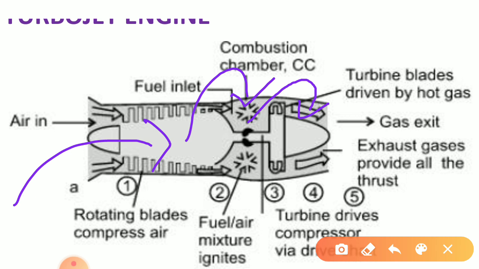Here is the rear end, from where the exhaust gases leave to the atmosphere at high velocity, and the effect of that is that thrust is produced in the opposite direction, which is used for driving the unit.